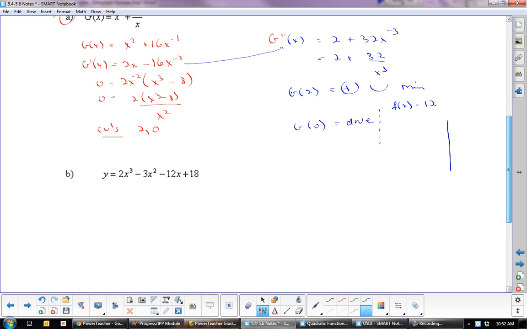Just to give you kind of a heads up of what this would look like, this would be 12, this would be 2. We've got a minimum at this point, and we've got an asymptote at 0, right? So that's got to be something like this.